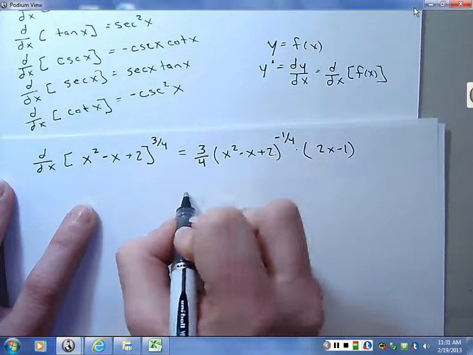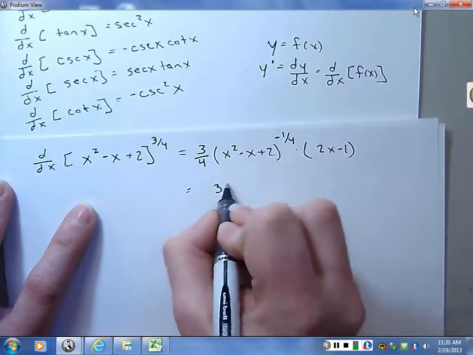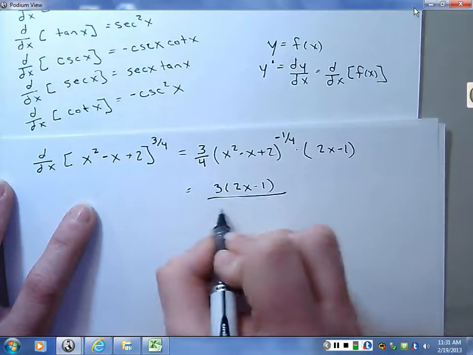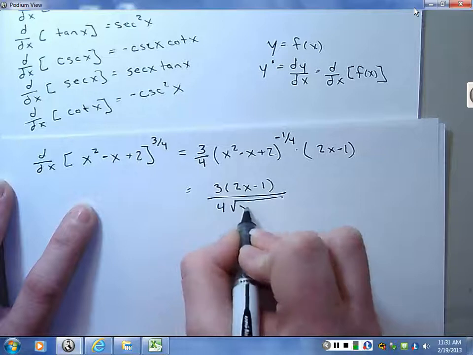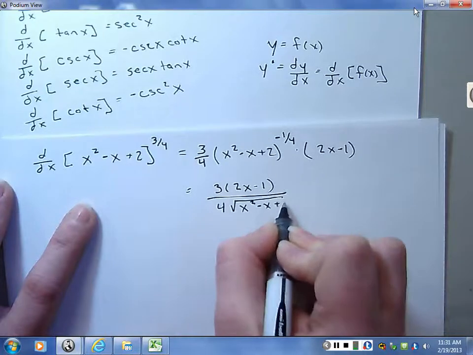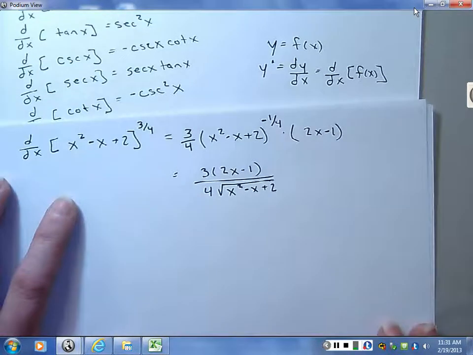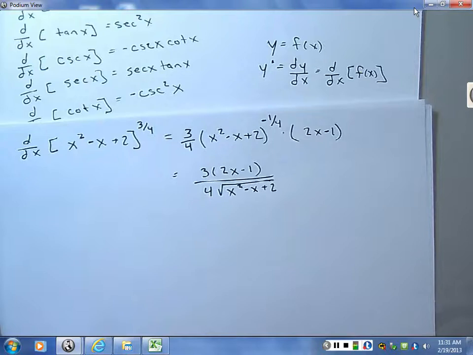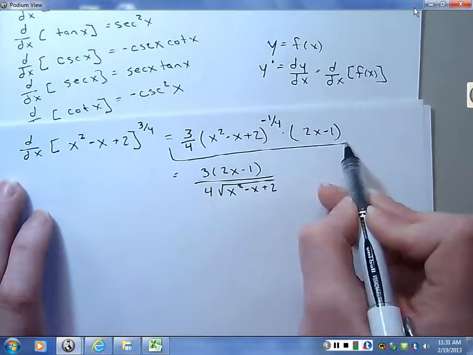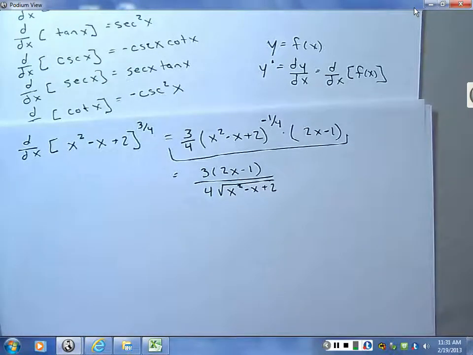Perfect. So I might write that as 3 times 2x minus 1 over 4, the square root of x squared minus x plus 2. But you wouldn't have to. This is correct as well. I can distribute the 3 in there.